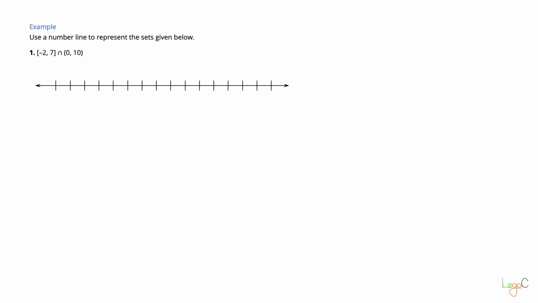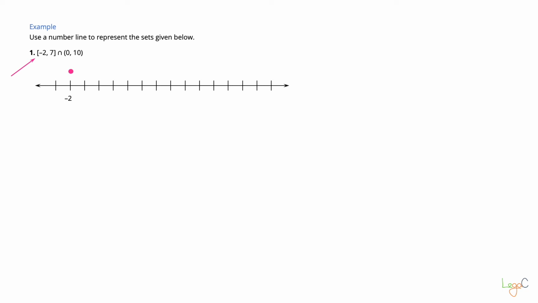Let's have a look at a couple of examples again. Use a number line to represent the sets given below. The first example represents the intersection between the interval -2 to 7 and 0 to 10. Notice that we have a square bracket at -2, therefore we need to have a dot at -2.